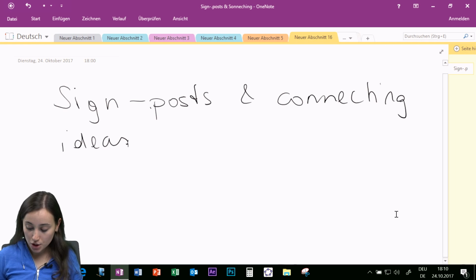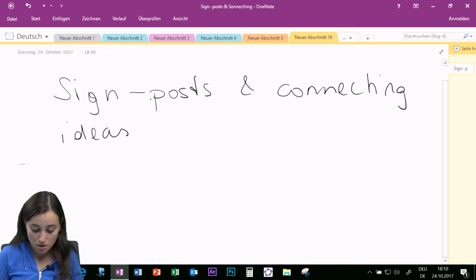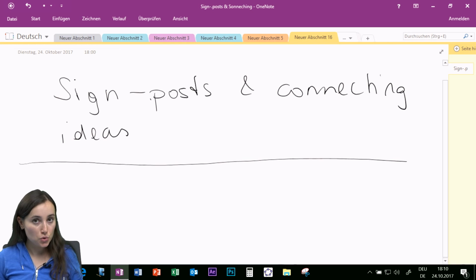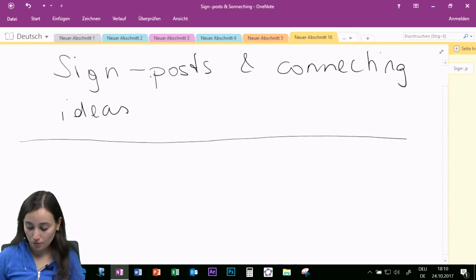Okay, as I already mentioned, signposts are a way to connect your ideas and to give structure.